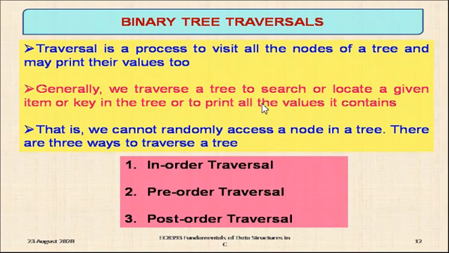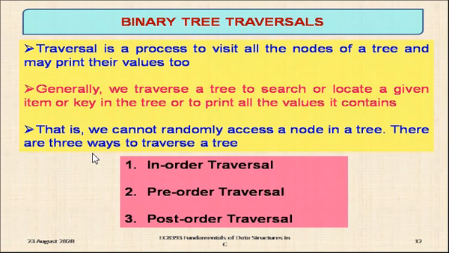Generally, we traverse a tree to search or locate a given item or key in the tree, or to print all the values the tree contains. We cannot randomly access nodes in a tree. There should be a particular order by which we have to traverse a tree.